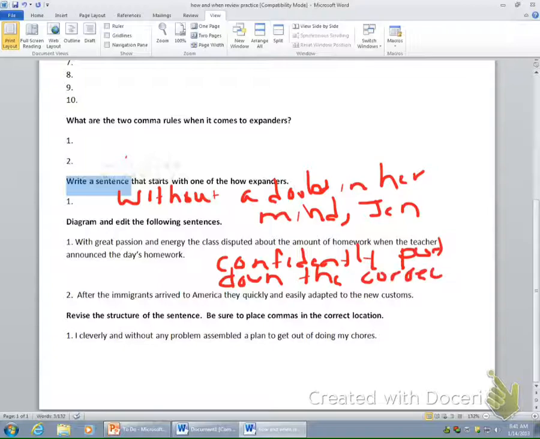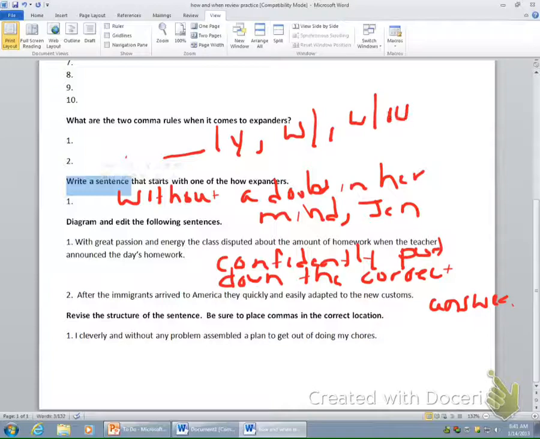All right, you have to make sure on the quiz, what I'm going to ask you to do is give me a sentence that has an ly expander, a sentence that has a with, a sentence that has a without, and a sentence that has a like or as. You're going to have to pick. So you're going to have to create 4 sentences with a how expander, with each one of the how expanders.